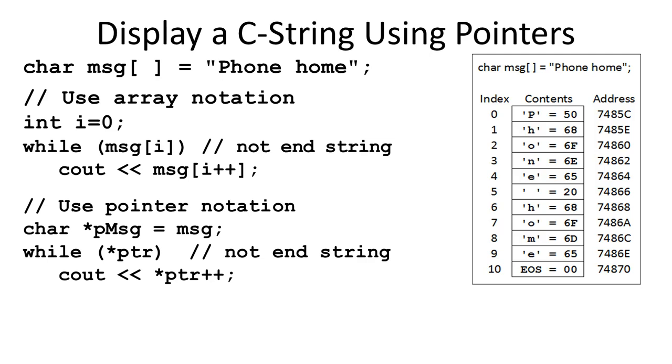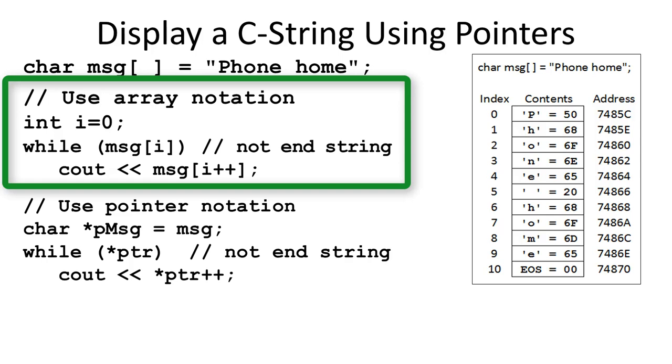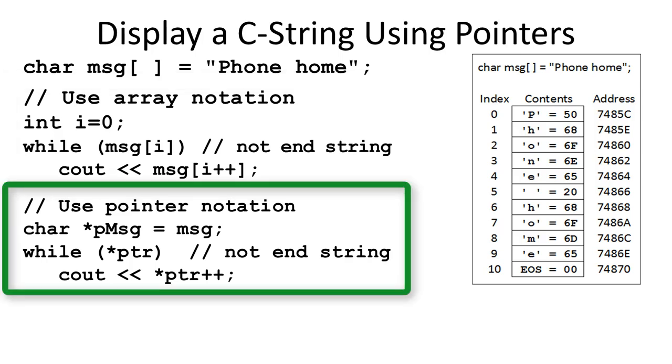Here is a comparison between displaying individual characters in the string with a loop. The first example uses array notation. The message sub I in the while statement is looking for a non-zero to keep the loop going. The cout less than MSG sub I++ displays the character located at position I, then increments the index I. The second example uses the pointer notation.